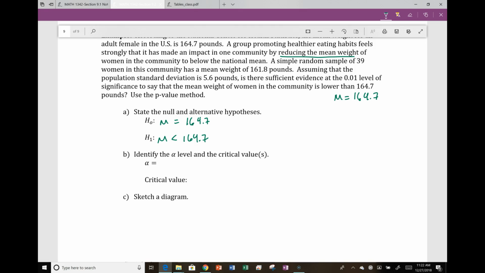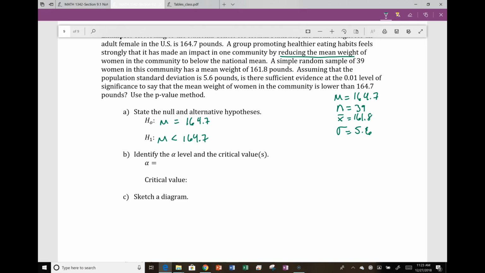A simple random sample of 39 women in this community has a mean weight of 161.8 pounds, assuming that the population standard deviation, so sigma, is equal to 5.6 pounds.